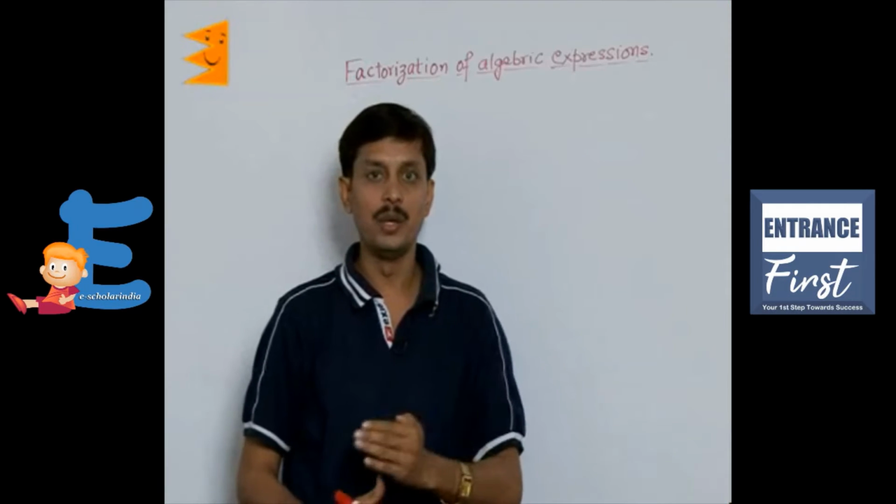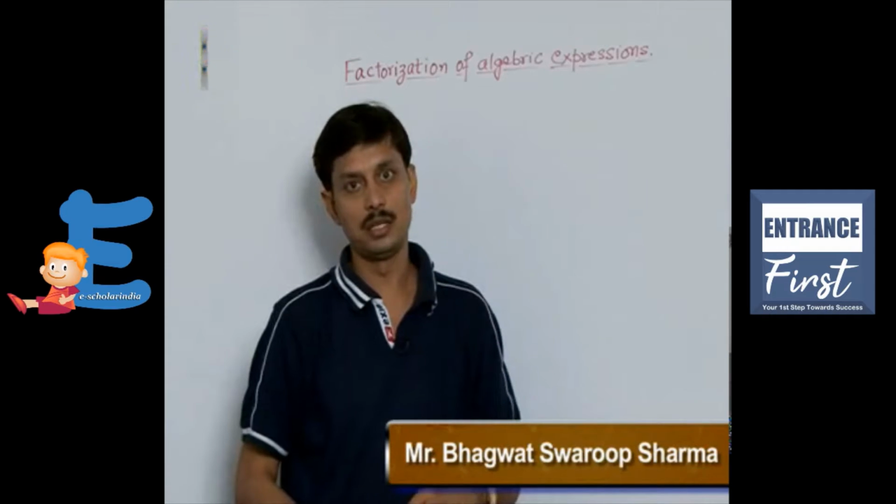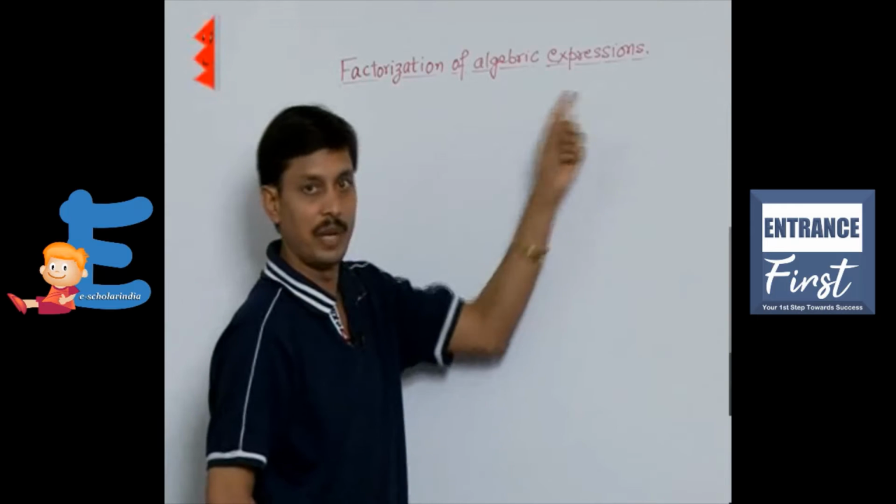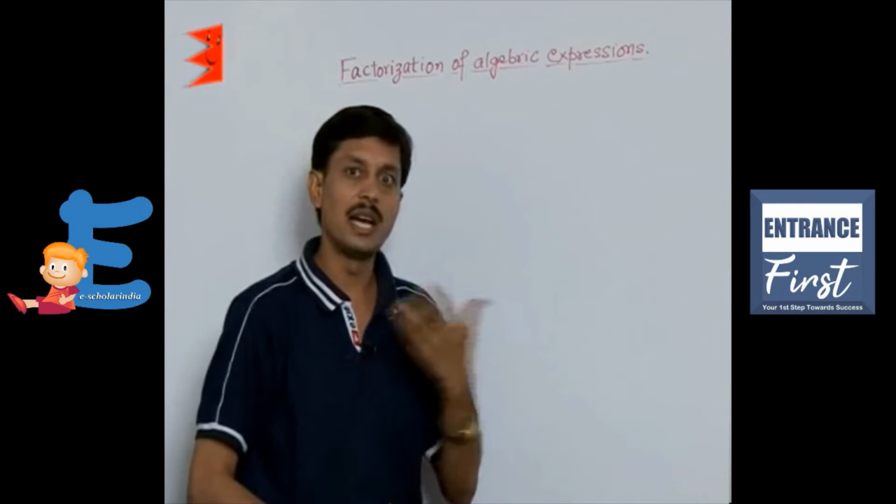Now I want to tell you those identities which are required in the factorization of the algebraic expression. What are these identities?